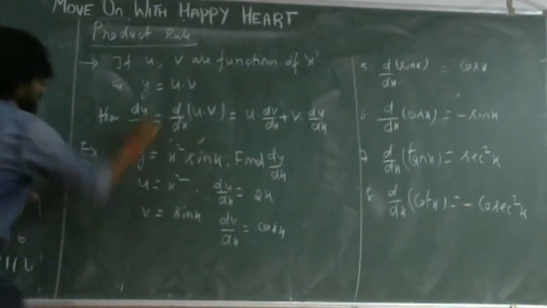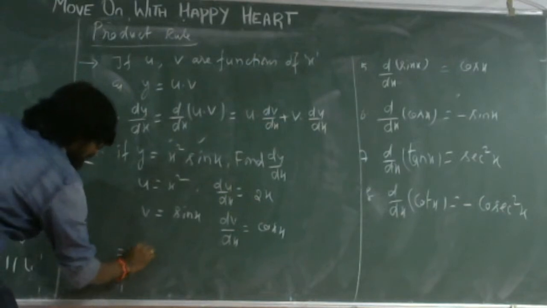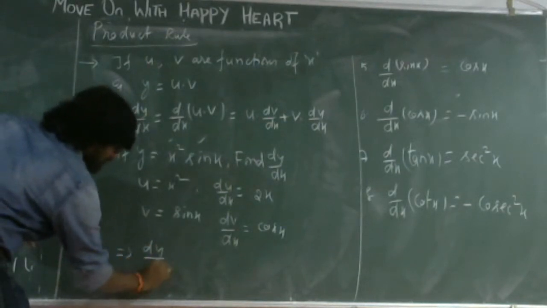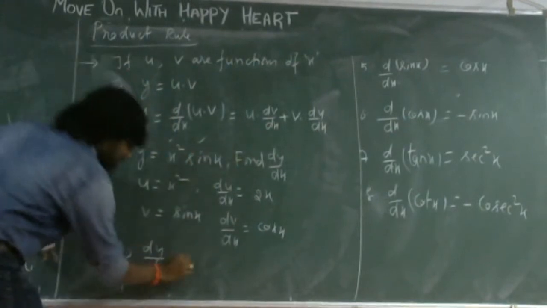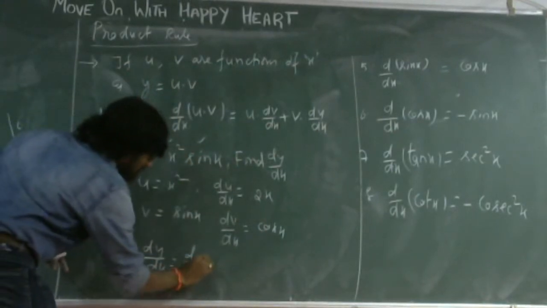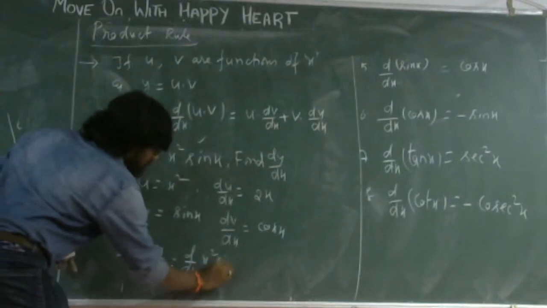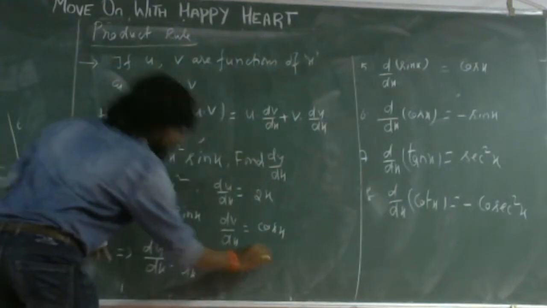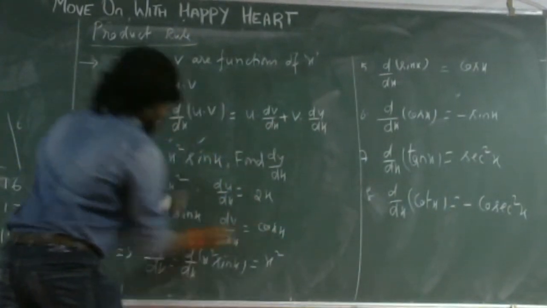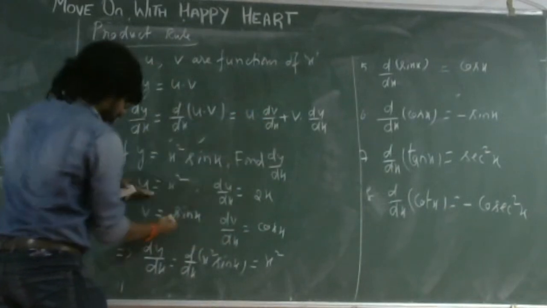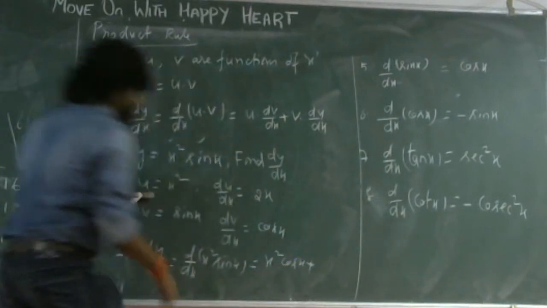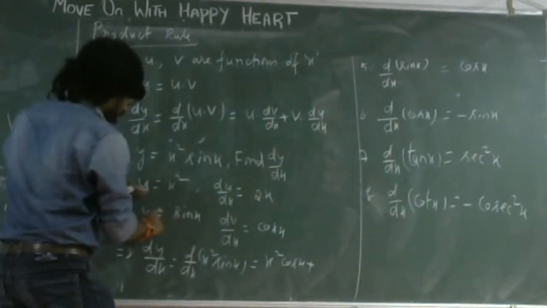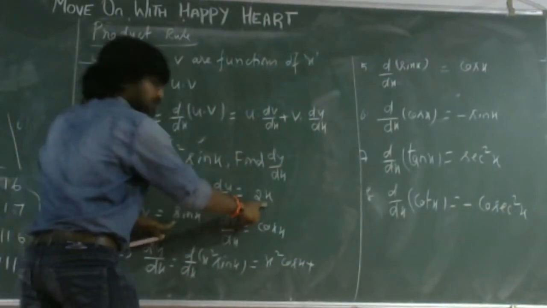That's it. So dy by dx is equal to d by dx of x square sin x, which is equal to u into dv by dx, x square into cos x, plus v into du by dx: v is sin x, du by dx is 2x.